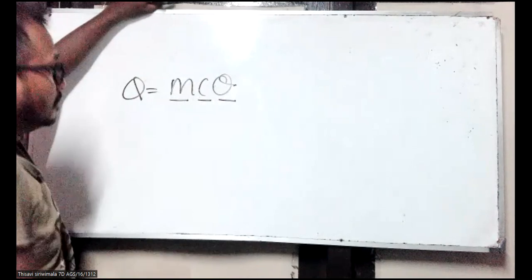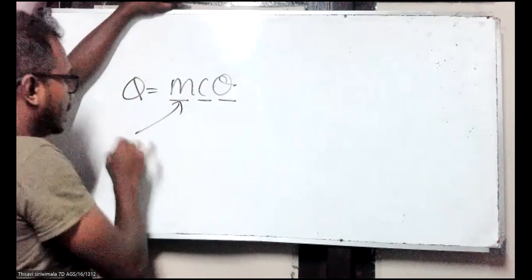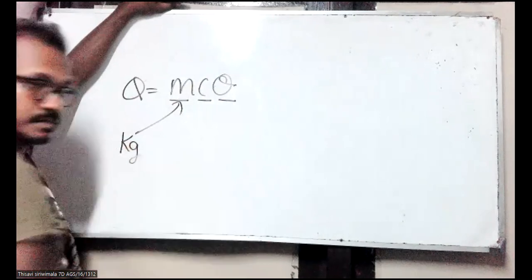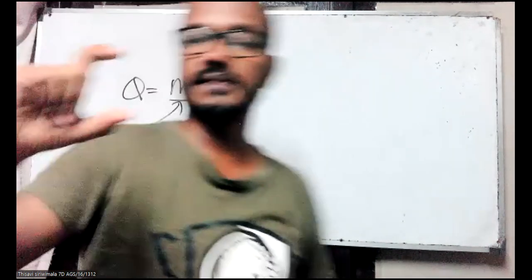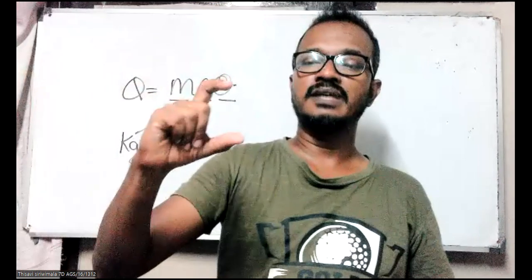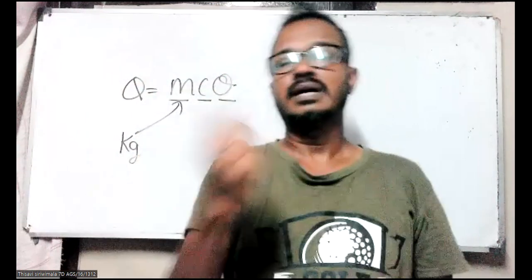If you want to find the mass, it has to be in kilograms. The problem is we are using 2 liquids, 50 cubic centimeters of HCl and 50 cubic centimeters of NaOH.